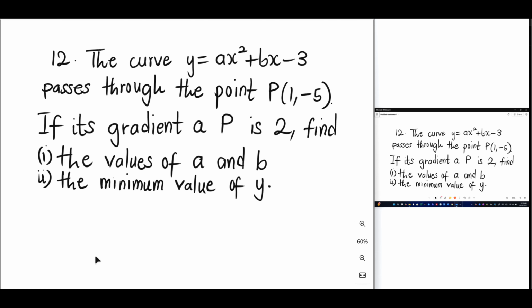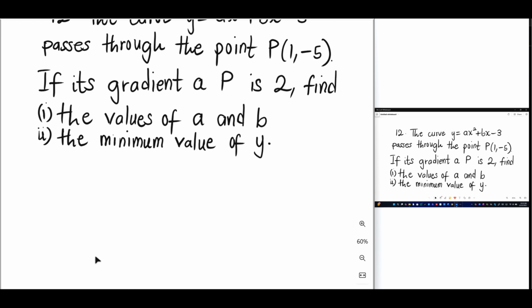So the moment a curve passes through a point, the coordinates of the given point must satisfy the curve. That's what we are going to apply here. So let us get started.